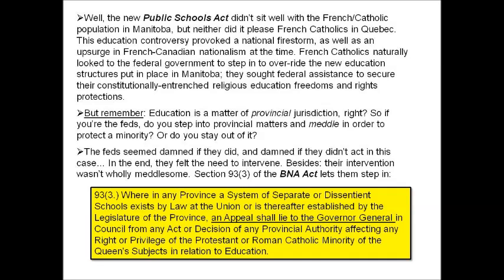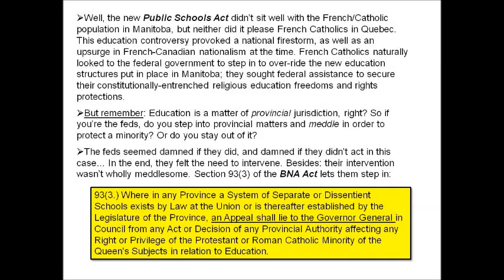They sought federal assistance to secure their constitutionally entrenched religious education freedoms and rights protections, right? But remember, education is a matter of provincial jurisdiction, right? So if you're the feds, do you step into provincial matters and meddle in order to protect a minority? Or do you stay out of it?